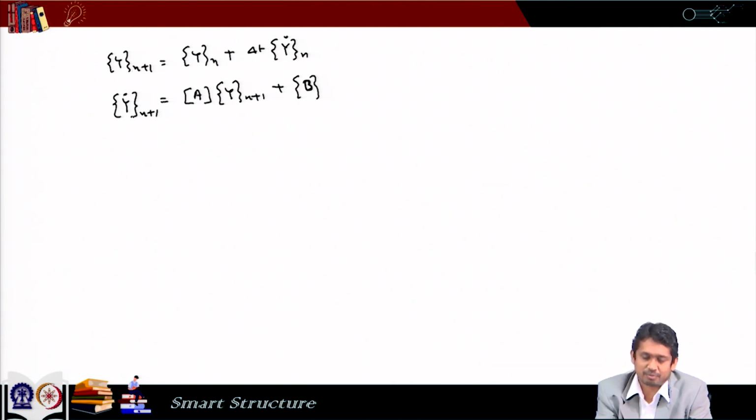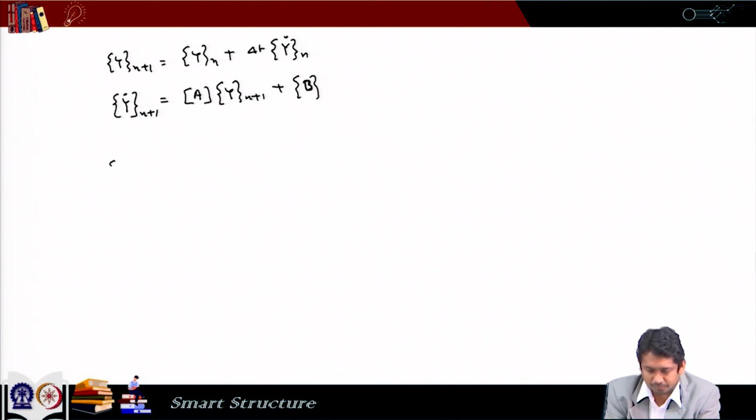Then we find out y dot at the first time step, which is equal to a multiplied by y1 plus b, and once this y and y dot are known to us, again we can repeat the procedure and keep moving forward. Now, this is if we use the forward difference scheme, and if we do it otherwise, then we just need to do it in this way.